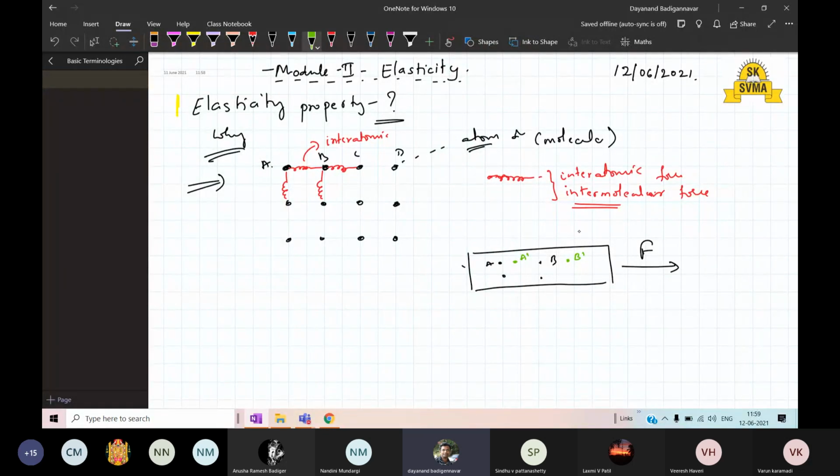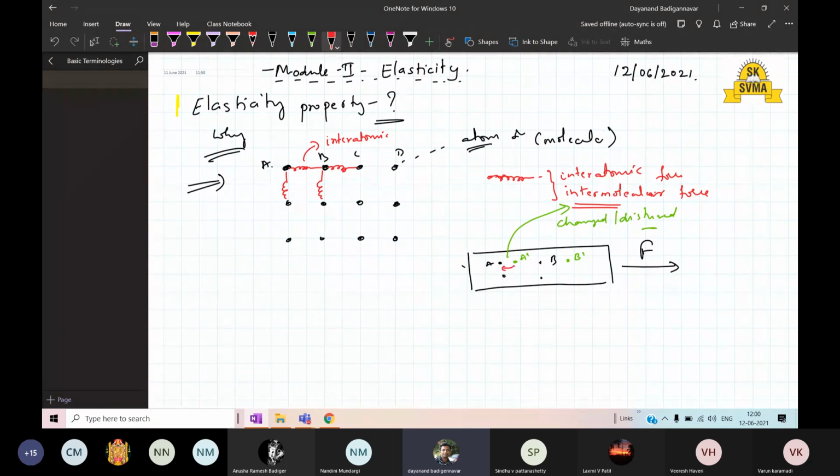Due to the displacement, the intermolecular force that is present between the two atoms is disturbed, and the disturbance is such that this intermolecular force tries to bring the atom back to its original position.